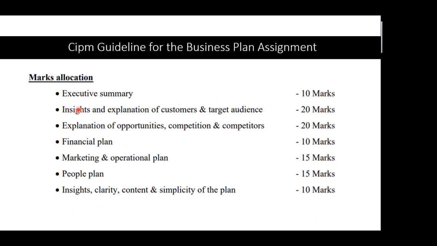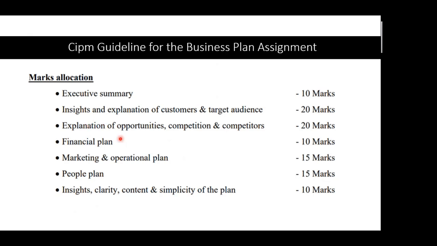If we talk one by one, for the executive summary of the report, we have allocated 10 marks. For insights and explanation of customers and the target audience, 20 marks allocated.